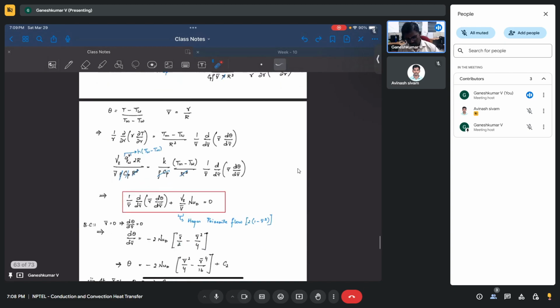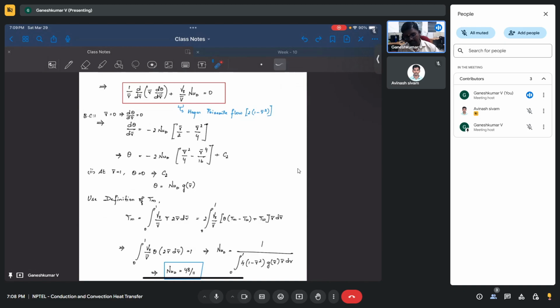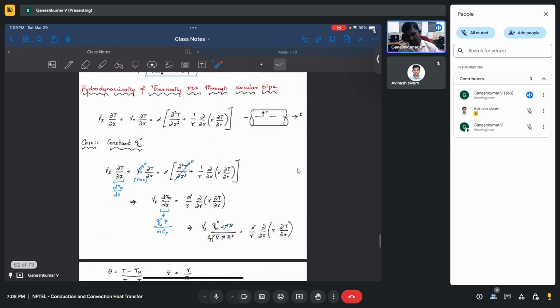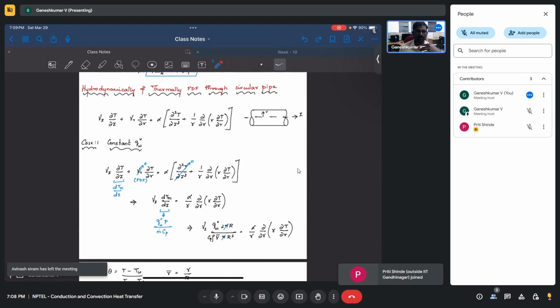So for constant heat flux, the important part is we just solve the energy equation, because the momentum equation we already solved in the fluid dynamics class, and you can use those relations here.